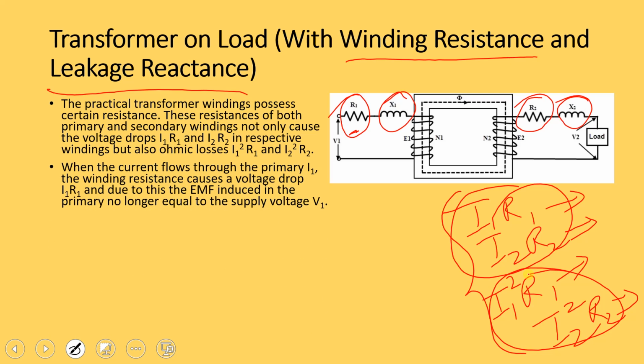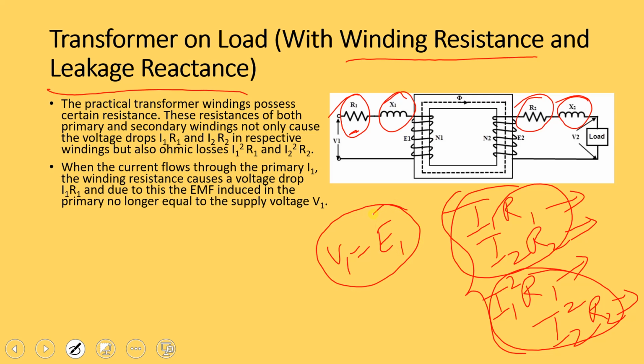Then when the current I1 flows through the primary, the winding resistance causes a voltage drop I1 R1. Due to this, the EMF induced in the primary no longer equals the supply voltage V1. As in the previous case, we said that V1 equals E1 but in the opposite direction.